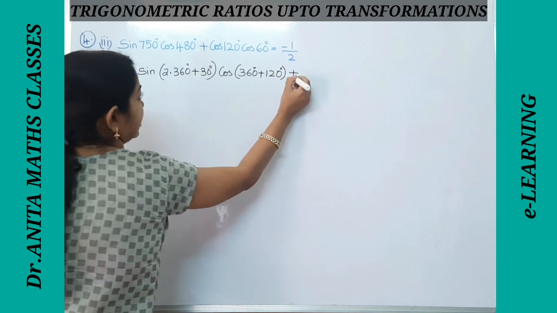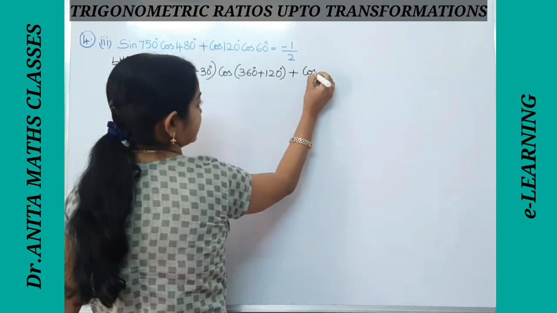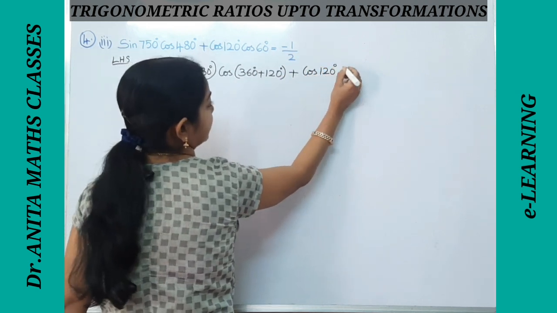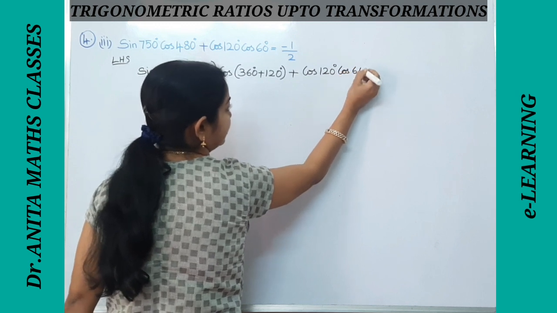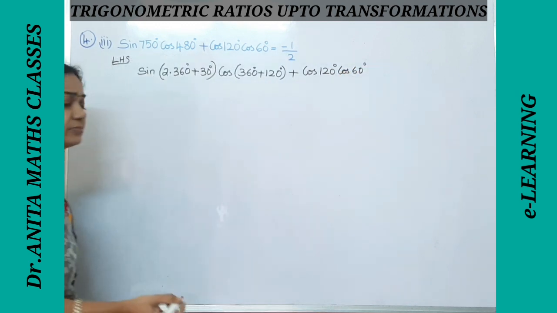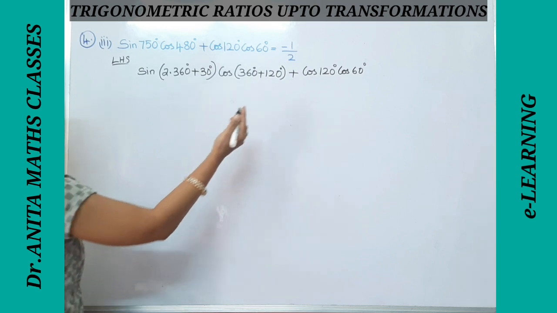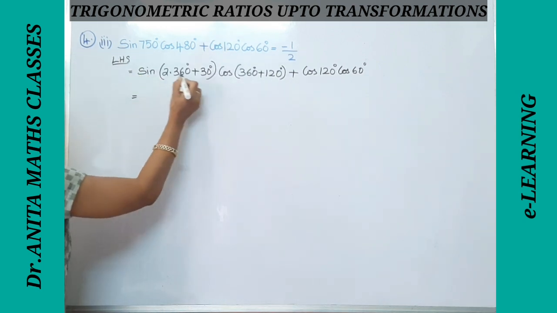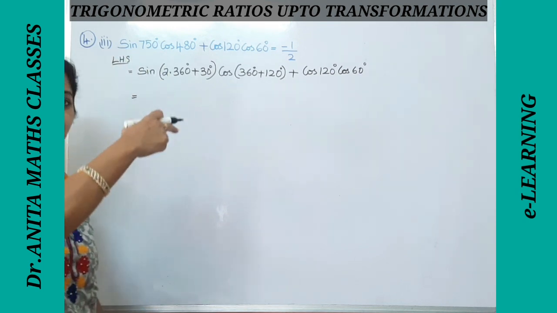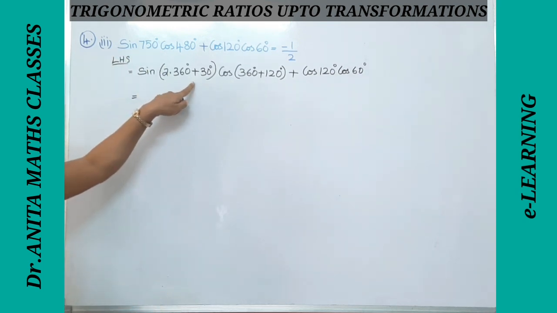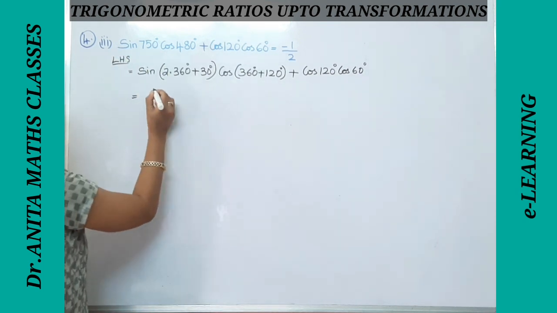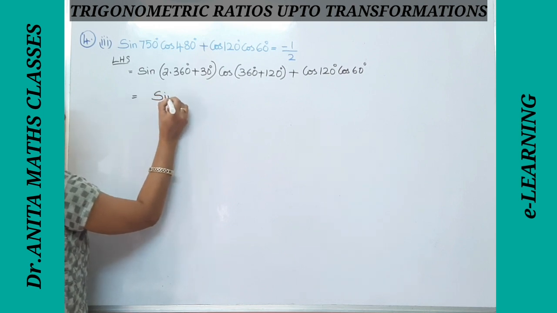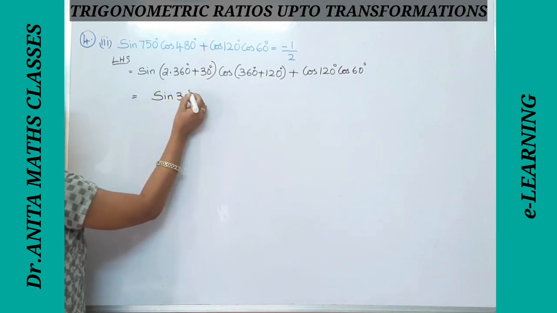Let us keep cos 120 degrees and cos 60 degrees as they are, because they are below 180 degrees, so no need of changing them. Now twice 360 means 2 revolutions, plus 30, so that comes to the first quadrant, where all are positive, so sin 30 degrees.